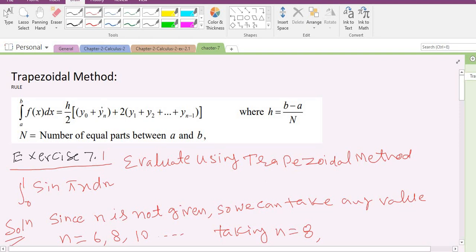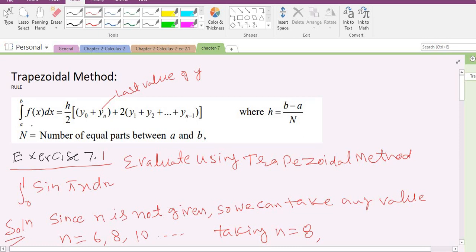Yn means the last value of y, plus 2 times y1 plus y2 plus y3 plus so on plus yn minus 1, means the value before this, where h is equal to (b minus a) divided by n. N means equal parts between the limits a and b.